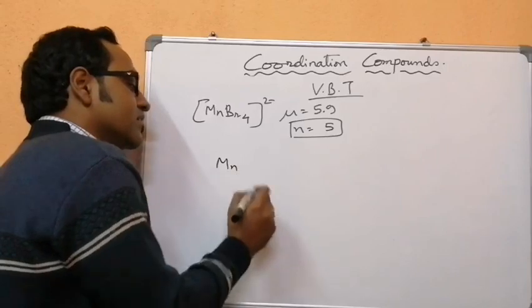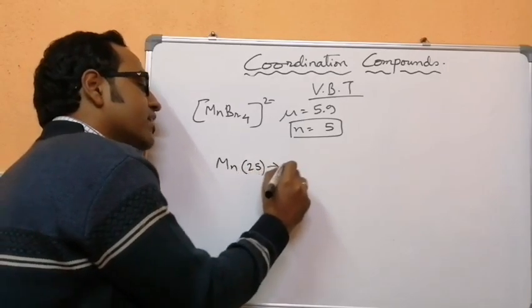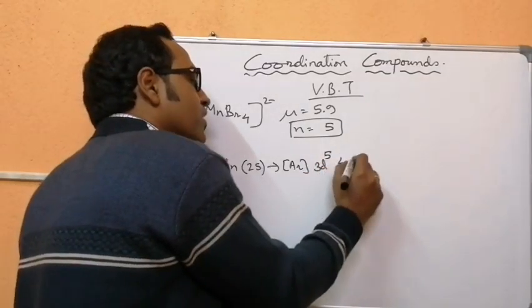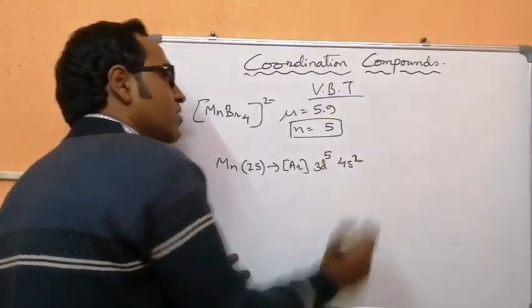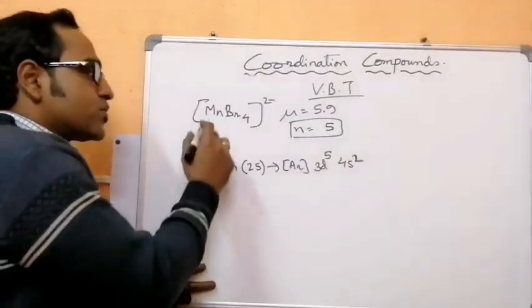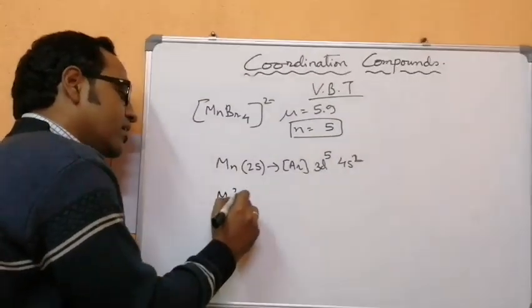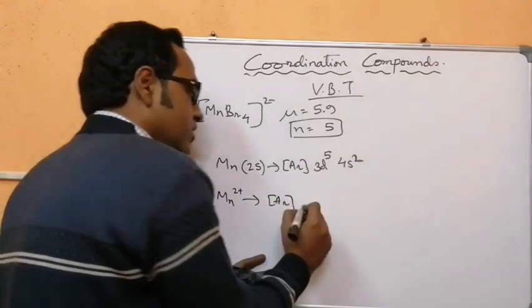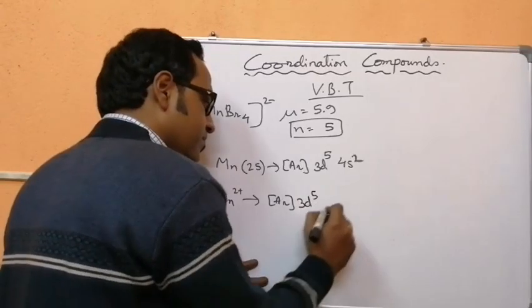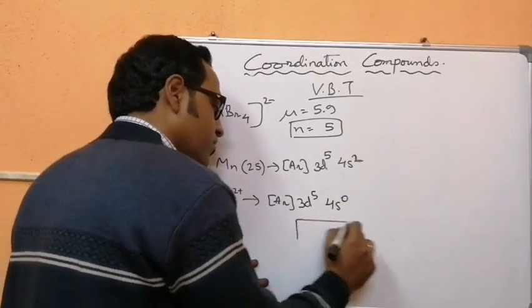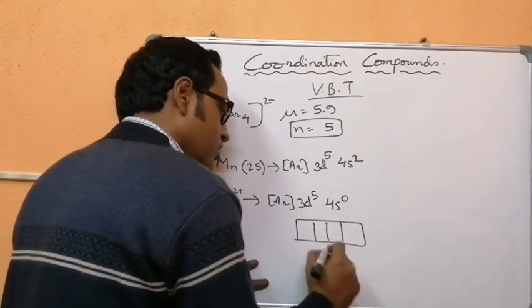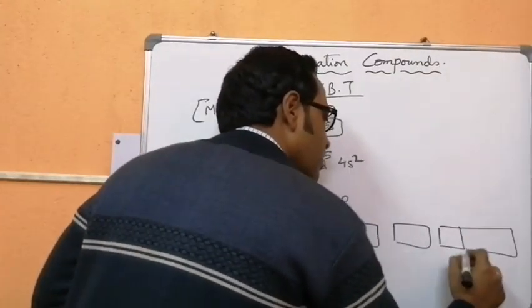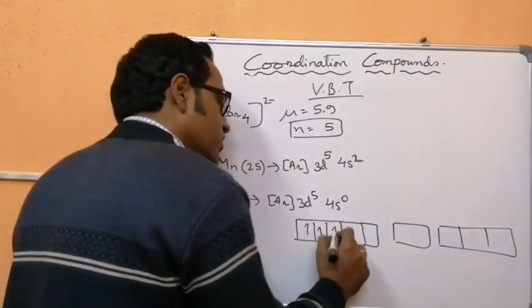Now manganese, the atomic number is 25 and the electronic configuration is argon 3d5 4s2. Here manganese is in the +2 oxidation state, Mn2+, and that will be argon 3d5 4s0: 1, 2, 3, 4, 5.